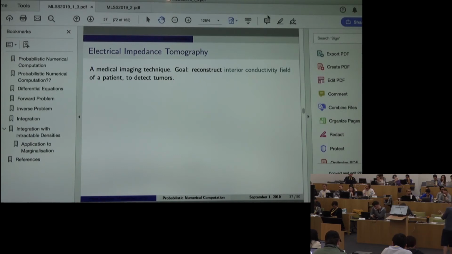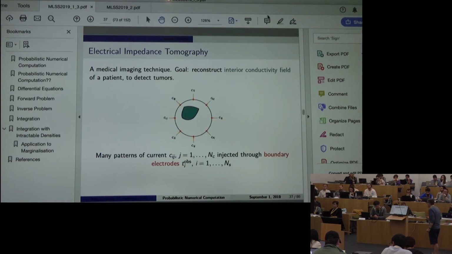And then by doing that reconstruction, we can build an image of what is going on within the area or the volume that's actually being looked at. So this is very much an inverse problem.